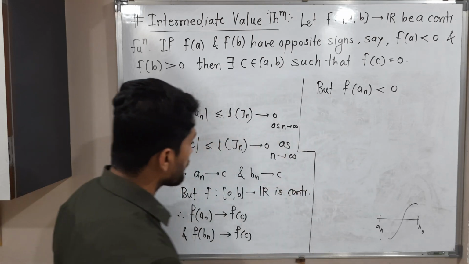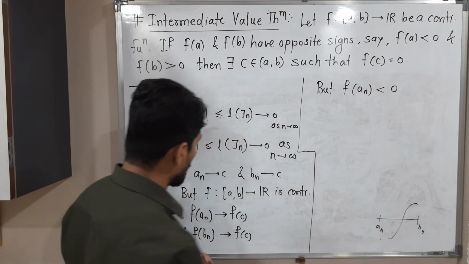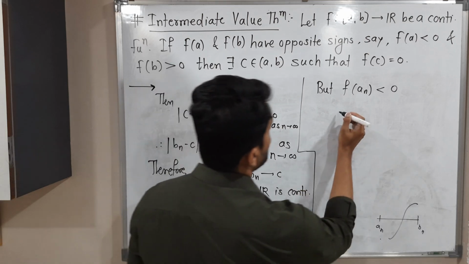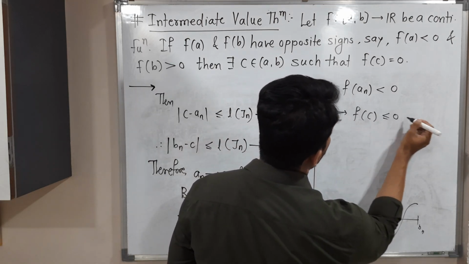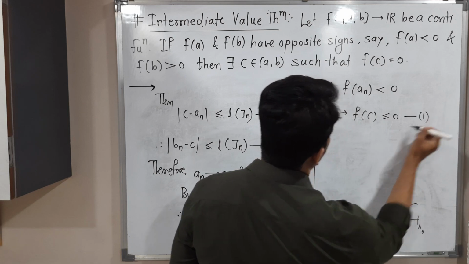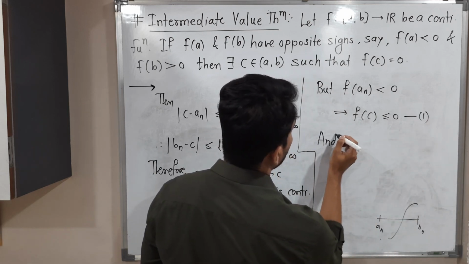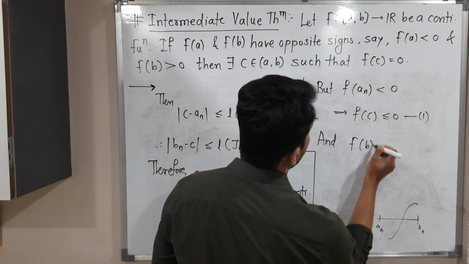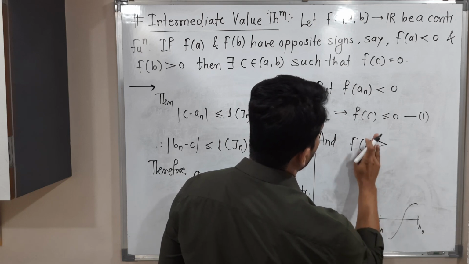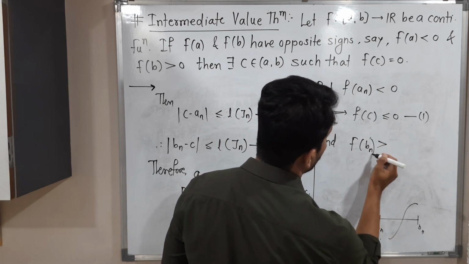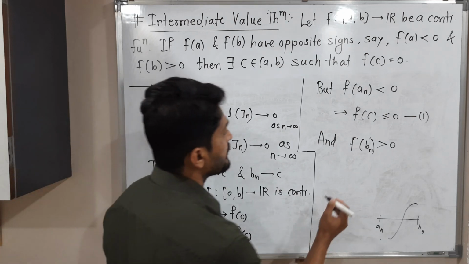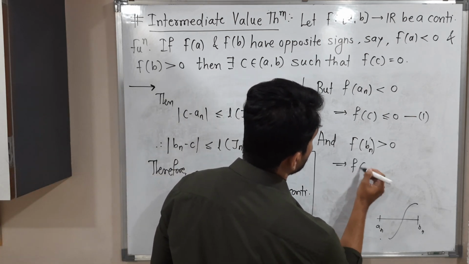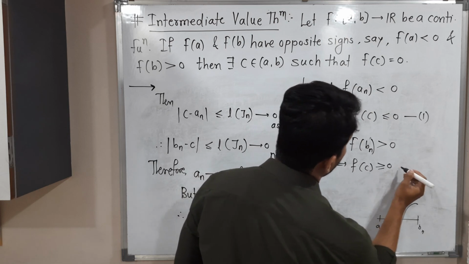Since f of an is less than 0 and f of an converges to f of c, f of c is less than or equal to 0, let me call it 1. Similarly f of bn is greater than 0, it's positive, and f of bn converges to f of c, that means f of c is greater than or equal to 0.